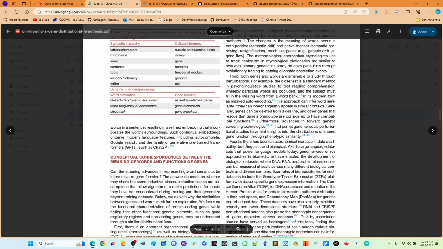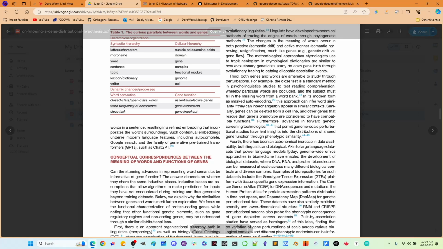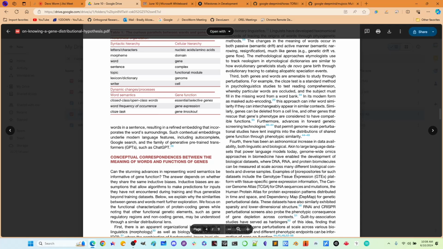And then fourth, there's been an astronomical increase in data availability, both linguistic and biological. So we have a lot of biological data we can use for this. We can use gene sequences indeed, but we can also use other types of expression data which aren't sequential in the conventional sense, but we can build distributional sequences of expression by looking at a set of genes that are expressed in a tissue, or a set of conditions where different sequences are expressed.